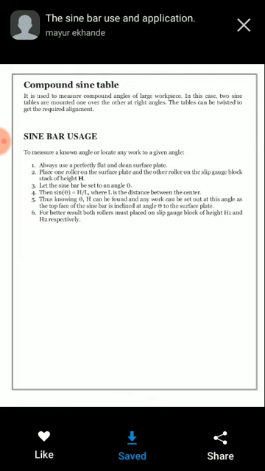Sine theta equals h by L, where L is the distance between the centers. Thus, knowing theta, h can be calculated and any work can be set out at this angle, as the top face of the sine bar is inclined at an angle theta to the surface plate. For better results, both rollers must be placed on slip gauge block stacks of heights h1 and h2 respectively.